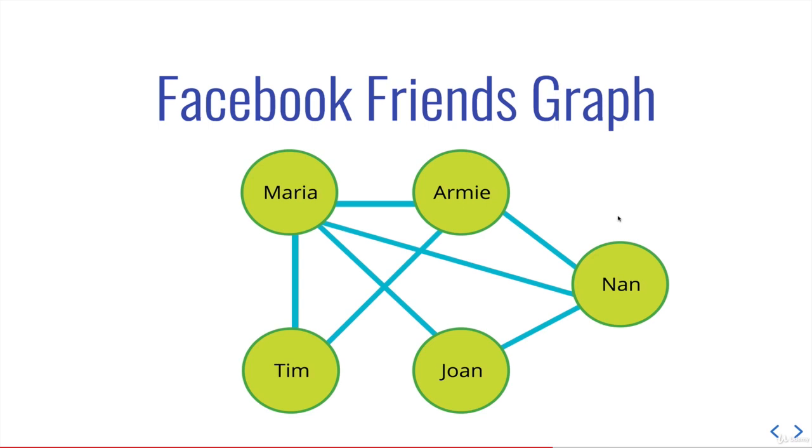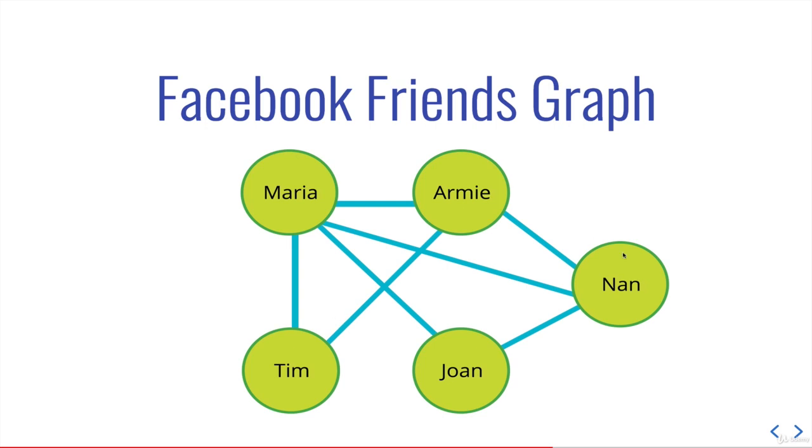Or here's one more example. If we're talking about friends on something like Facebook, this very simple example, just from this, we could make a recommendation. Let's see, Maria is friends with Nan, Army is friends with Nan, and Tim is friends with Maria and Army. So if we wanted to find a recommendation to Tim, who he might know, like you've probably seen that on Facebook, I don't know exactly what it says anymore. We recommend this person, or do you know X person, or suggestions for friends.